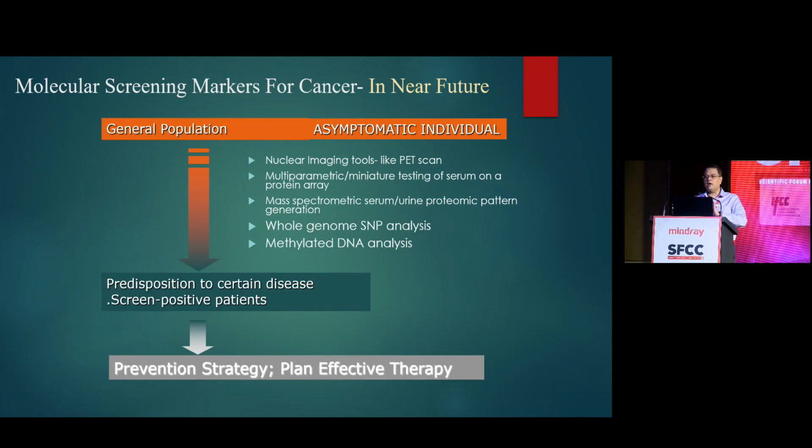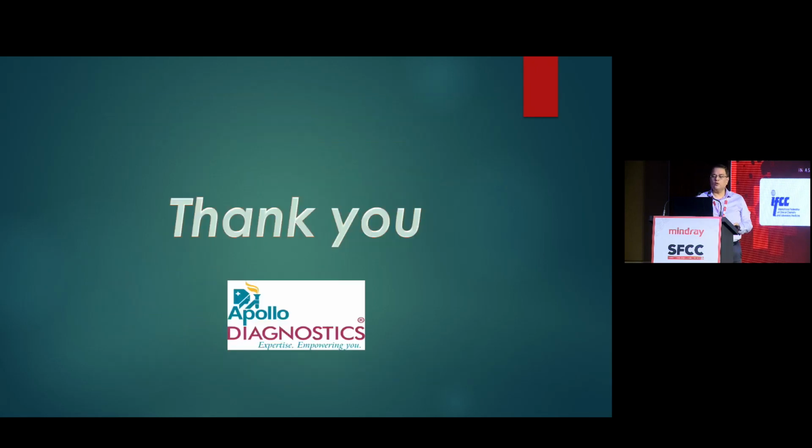Now we are talking about screening the entire DNA of a person and predicting the possibility of a cancer in the near future. So that would be the next step, and there the key role would be played by the analysis of methylated DNA markers, which is going to be the next future. So those were my thoughts on serum tumor markers.